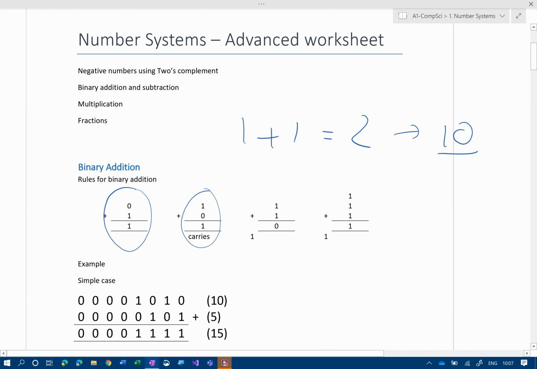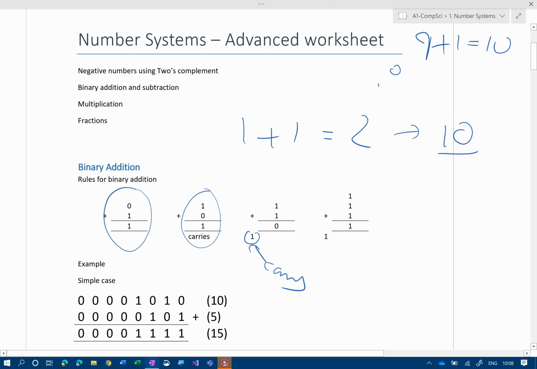Now we do exactly the same as what we would do in denary for a situation where we had 9 plus 1 equals 10. If we were adding that up, it would be 0 carry the 1. So we do exactly the same here. 1 plus 1 is 2, and 2 in binary is 1, 0. So it's 0 carry the 1. Okay, so that's the carry there.